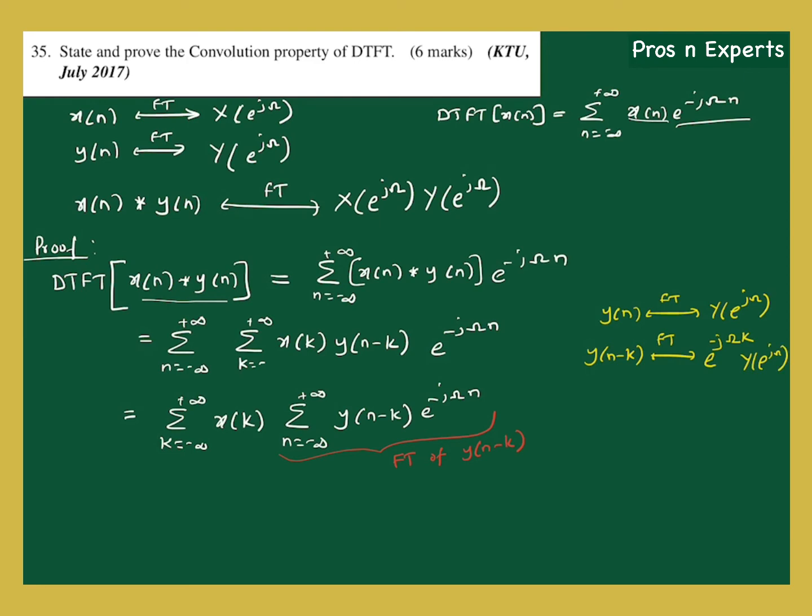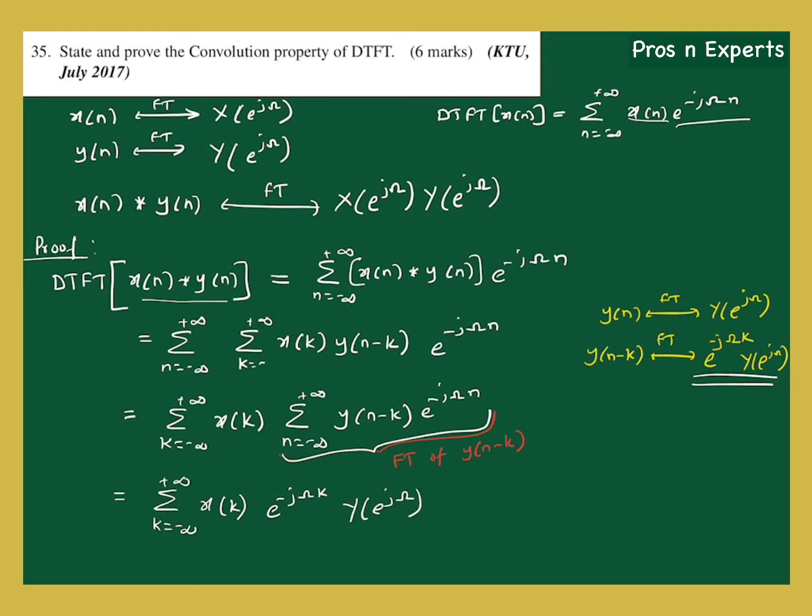Okay, so let me replace this whole thing by this expression. So that implies sigma over k equal to minus infinity to plus infinity, there is no change in the first summation and x of k, but the remaining thing I can write as e raised to minus j omega k into Y of e raised to j omega.